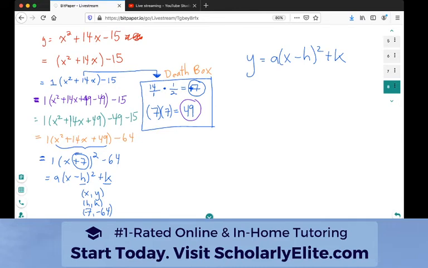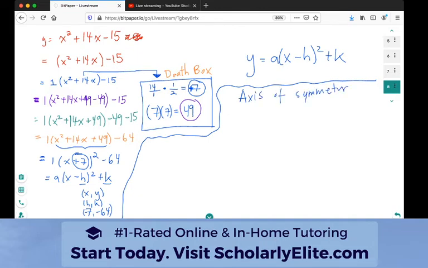I'm also going to teach you guys a cheat for finding the vertex. I don't call it a cheat, it's more of a life hack. So if you guys remember, and if you've done this unit already, your teacher might have asked you, what is the axis of symmetry? So the axis of symmetry is the exact middle point in a quadratic.